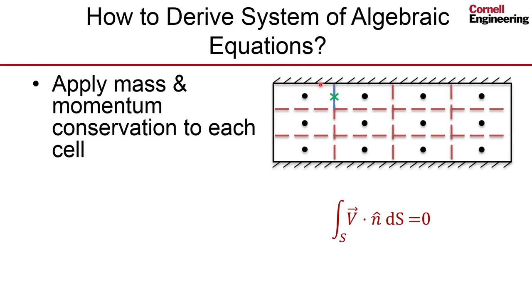That's no slip, so there's no volume flow going out of there, which means that if I was doing it through the integral, there's no contribution to the integral. Whereas when we calculate the integral, we will interpolate between this value and this value. So you can either do it based on physical arguments, or you can go back to the integral, and for simple problems you'll get the same result.